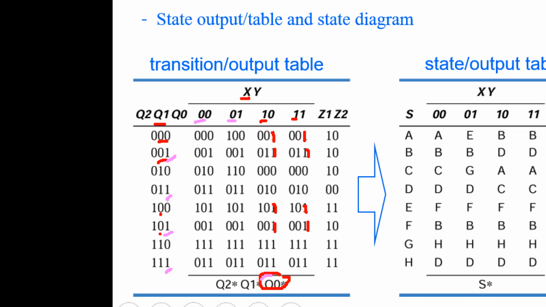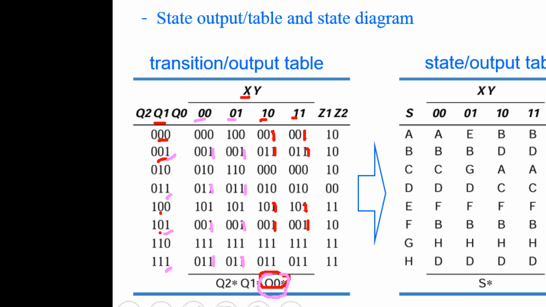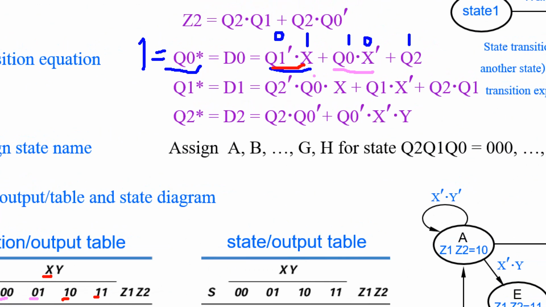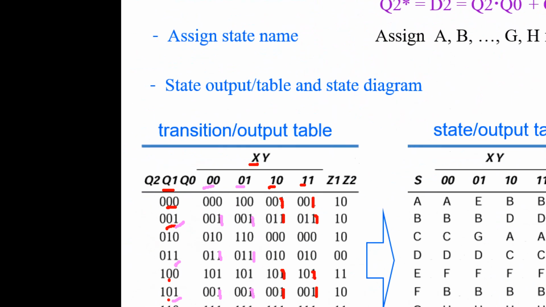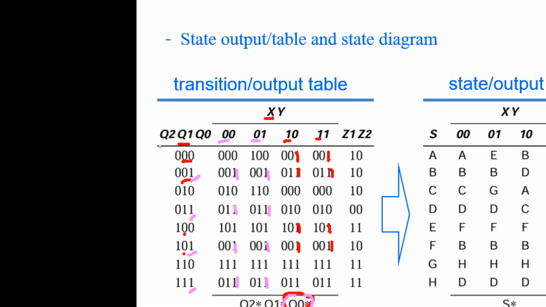So then Q0 star will be 1 for this and this. Okay, so you can fill. And the last one, Q0 star is 1 when Q2 is 1. So you can find Q2 is 1 here.